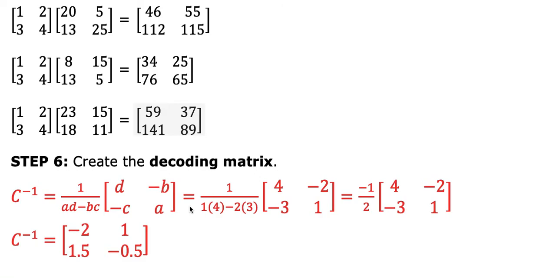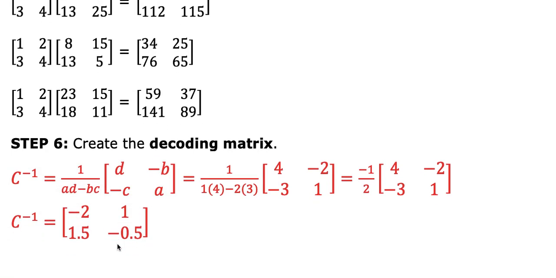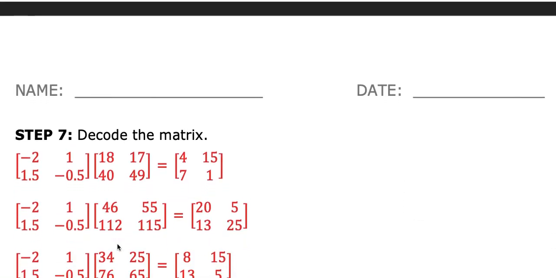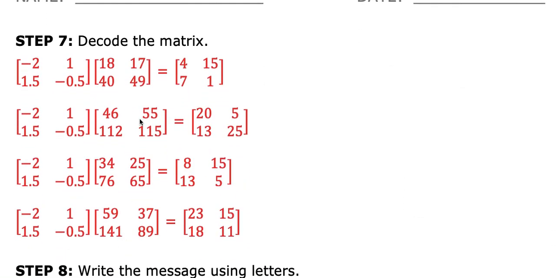It'd be very challenging. Create the decoding matrix. Now, C inverse is calculated using the formula that was provided. And when you have this inverse matrix, what you can do is multiply that by each and every single one of those encoded messages to get the original message.